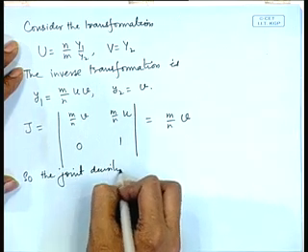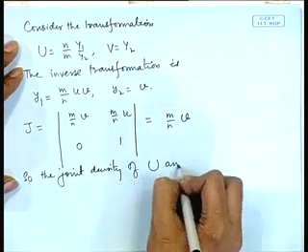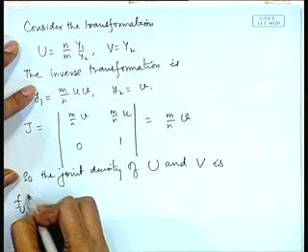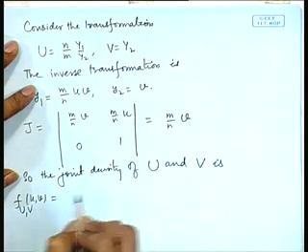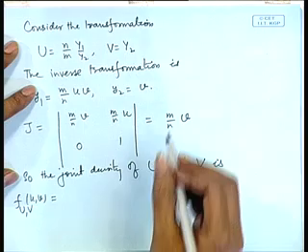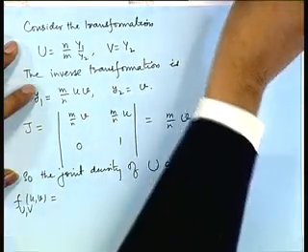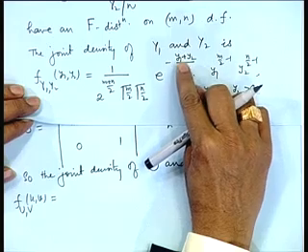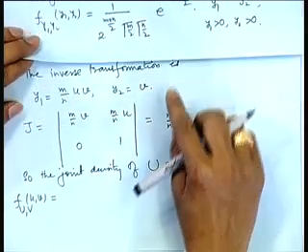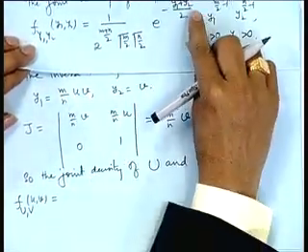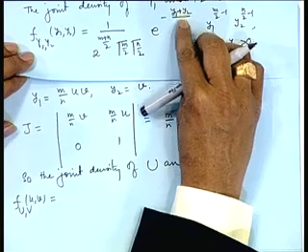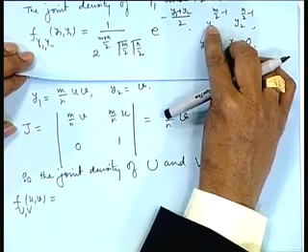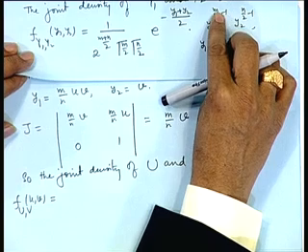So, the joint density of u and v is, now you can observe we have this constant term and we will be replacing y1 by m by n uv and y2 by v. So, here the v by 2 term will come out and this will give additional powers of v. The power of u will be this one only.